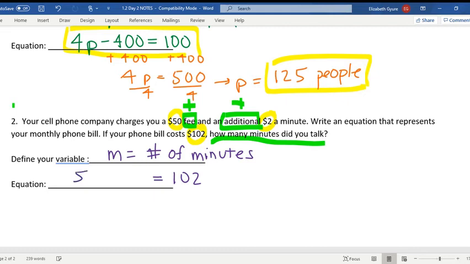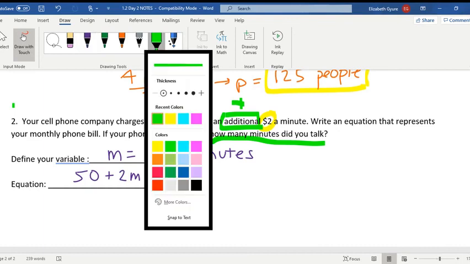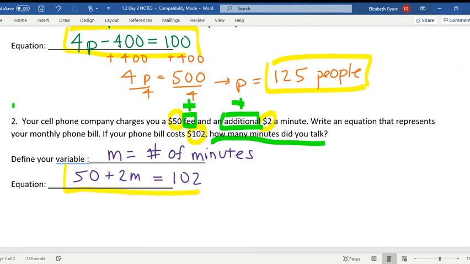So let's do 50 plus, because we got to pay our fee, plus $2 a minute. And how did you say we should write $2 a minute? 2x or 2m, because it's like per, right? It doesn't say per, but you're charged $2 per minute. So 2 and then whatever variable you use. Good. You can always use x, Lynn, just make sure that you define it, okay? So that's one answer.